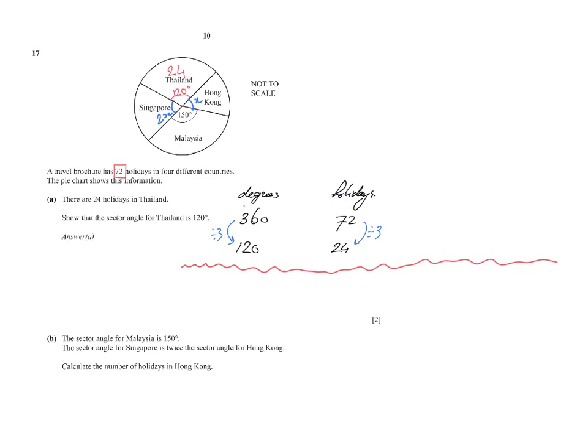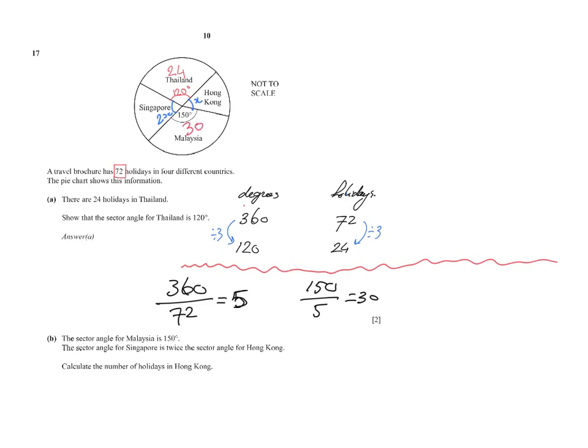I'm going to do 360 divided by 72, the full pie chart divided by the full amount of holidays, and that is 5. That means each 5 degrees represents one holiday. Malaysia has 150 degrees, so 150 divided by 5 is 30. So 30 people go to Malaysia.